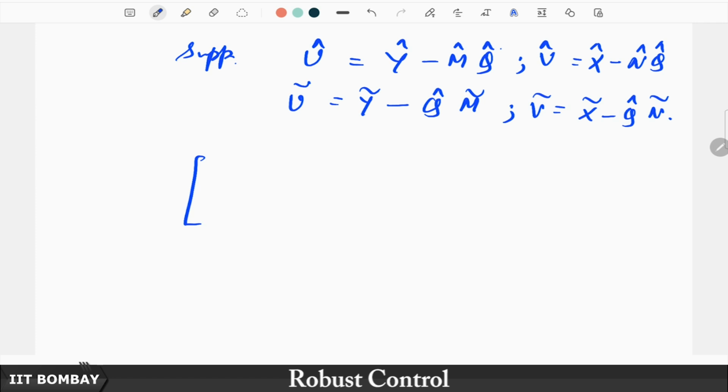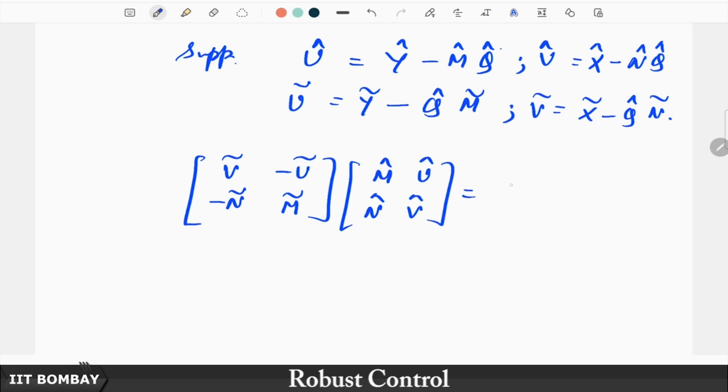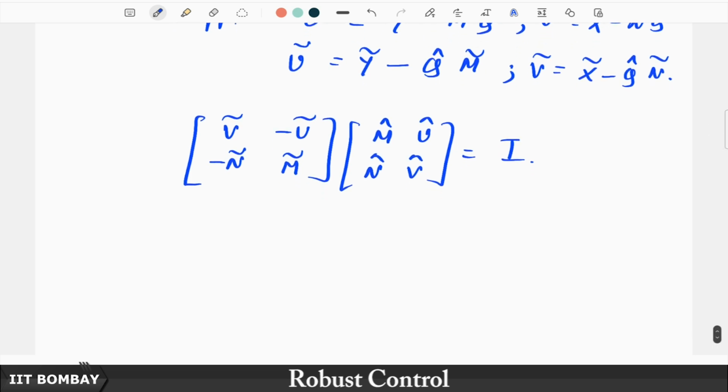So, what we have is v tilde, minus u tilde, minus n tilde and m tilde, times m hat, u hat, n hat, v hat is equal to I. Now what happens? You see this inverse exists and is exactly equal to this fellow.